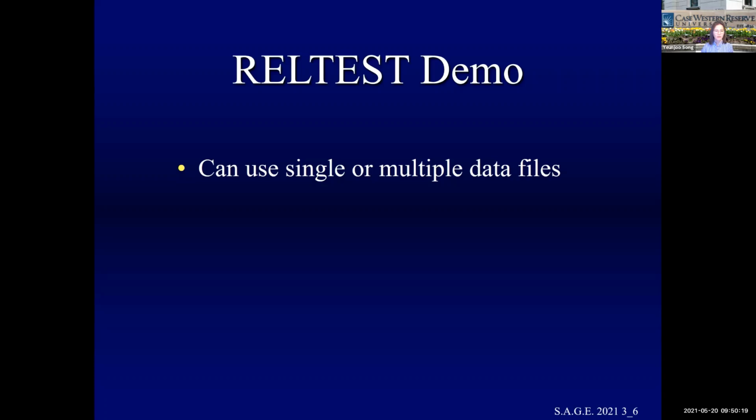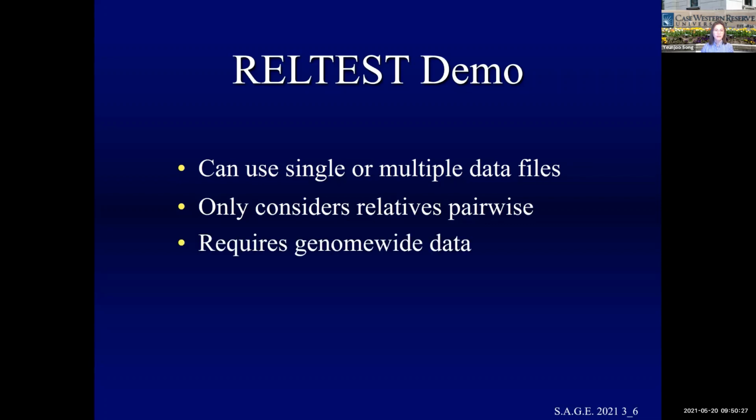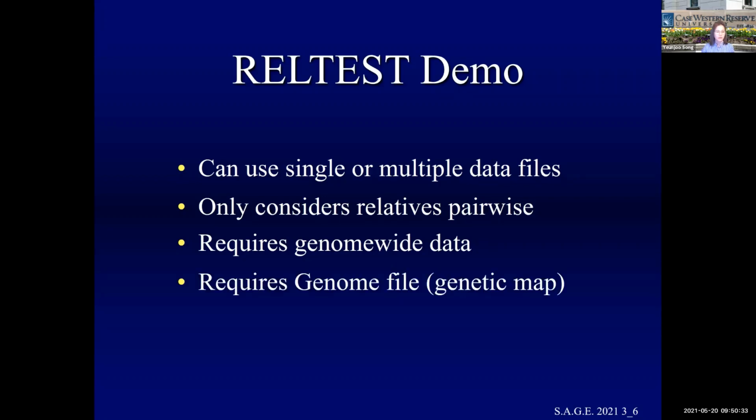It only considers relative pairwise, and it requires genome-wide data, which is why it requires the genome map file.